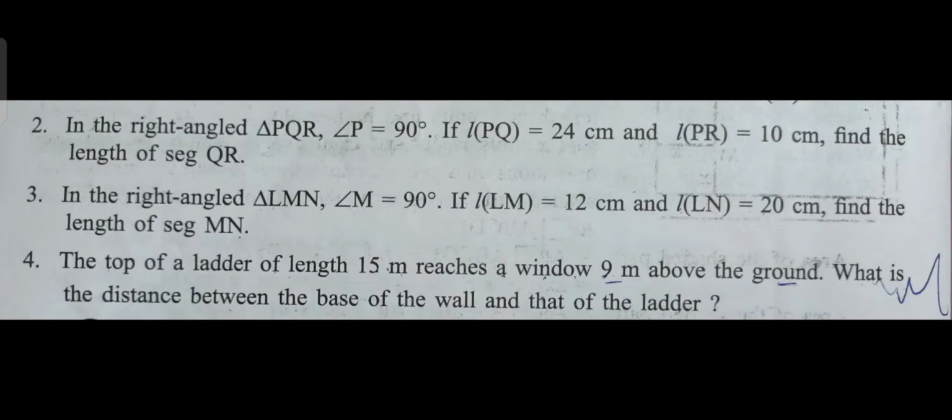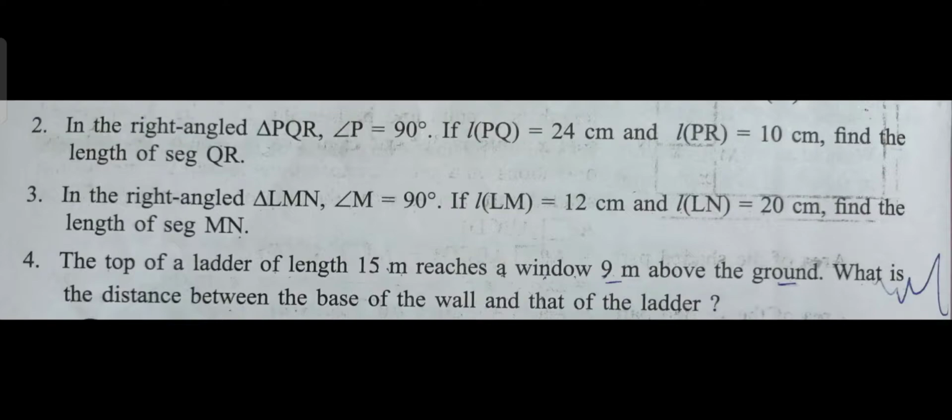So students, first you are supposed to draw the triangle PQR. In that you have to show that angle P is equal to 90 degree. Then write down the values of length PQ and length PR, and then find out the length of segment QR. The very first step is that you write the Pythagoras theorem, use that formula, solve the sum and find the length of segment QR.